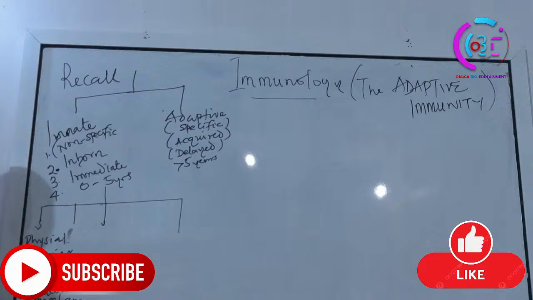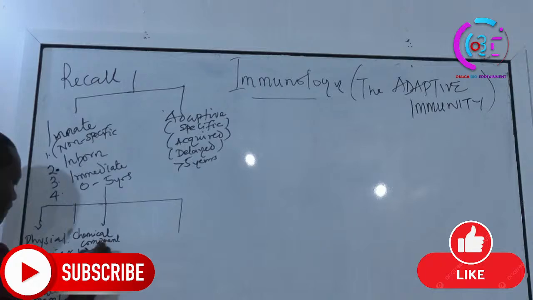We also went further with the chemical component of the innate immune system, and we looked at the involvement of certain chemicals like defensin.